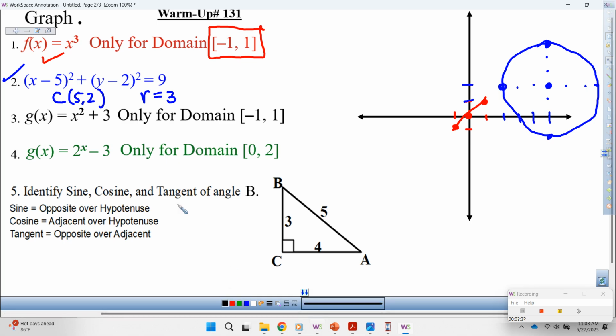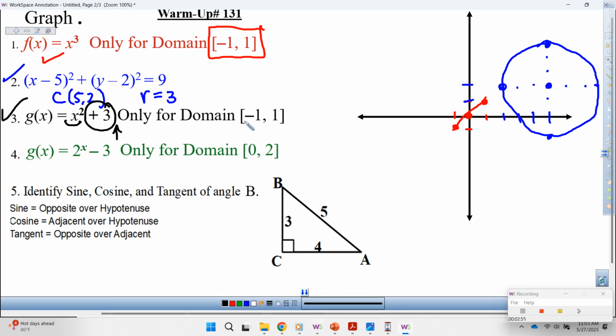Kelly, number 3. This one says g of x equals x squared plus 3. So that means we take x squared and move it in which direction? It would be to the right if it was in parentheses, but it's not in parentheses. We go what? Up 3. That is correct.